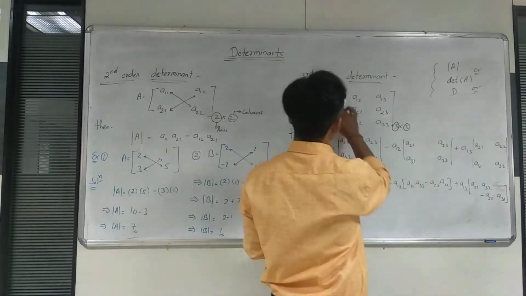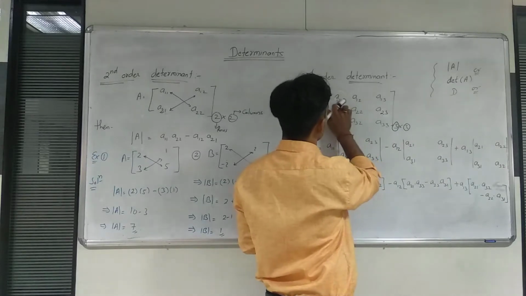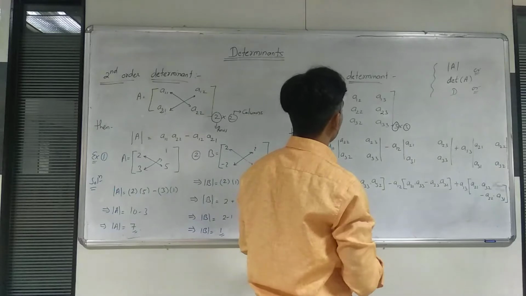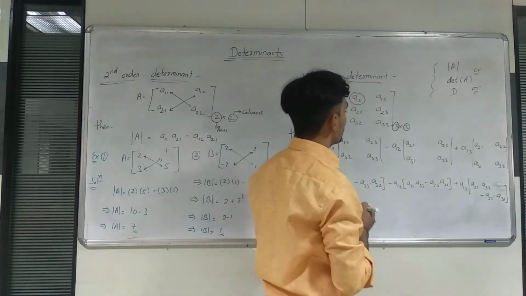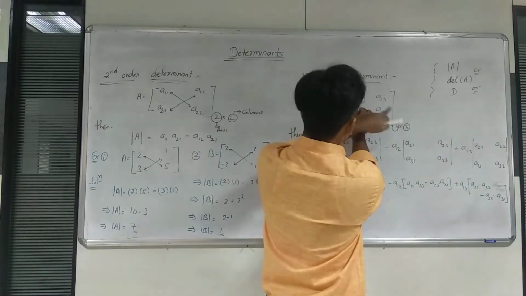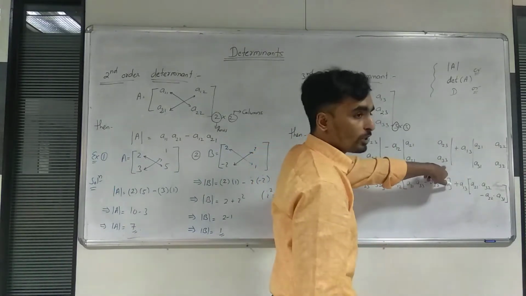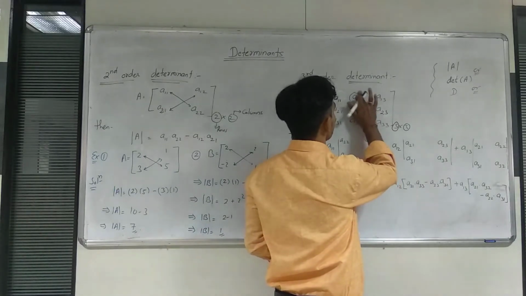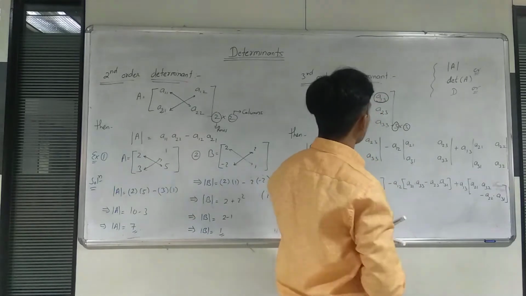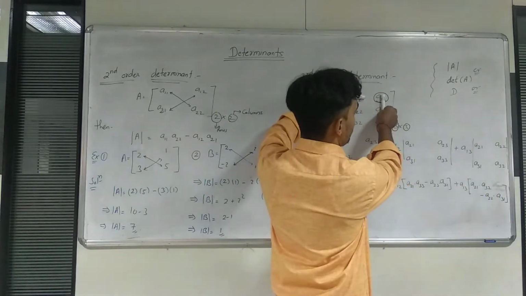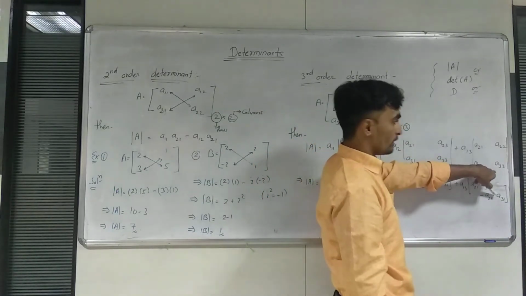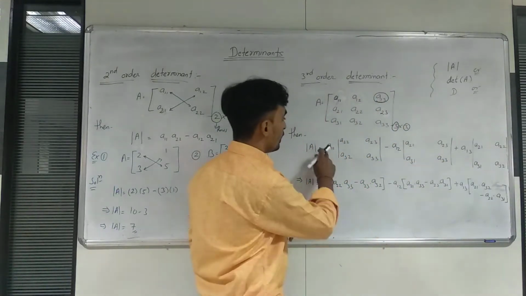Minus the second entry A12 into the rest, A21, A23, A31 and A33. Plus the third one, A13 into A21, A22, A31, A32. Then simplify it.